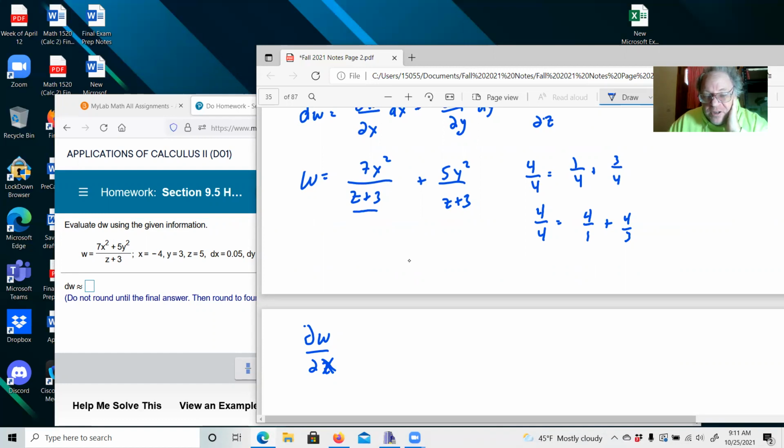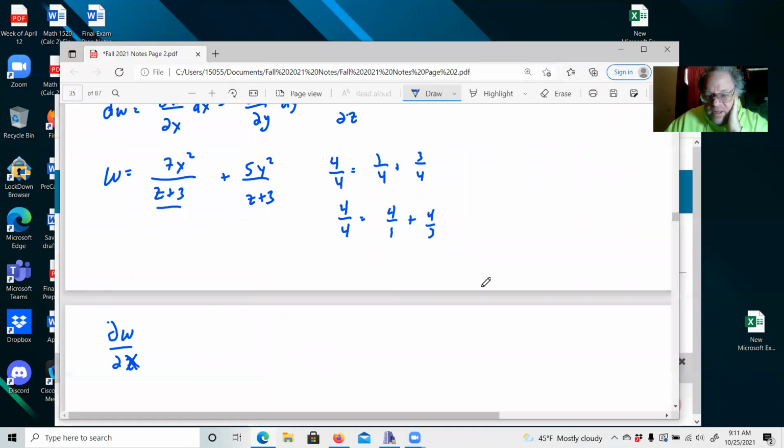So effectively what we're doing is taking the derivative of, you can think about it like this: we have 7x squared over a constant, because z plus 3, as far as x is concerned, is a constant. So let's put an a in there. A is a constant. This is 7 over a times x squared. And if I asked you to take this derivative, you'd say, hey, no problem. That's going to be 14 over a x.